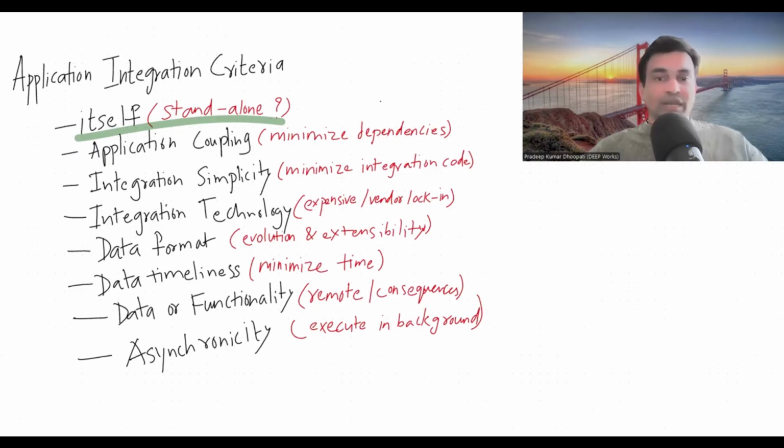And what are the other main decision criteria for application integration? The second criterion is application coupling. Even integrated applications should minimize dependencies on other applications, which allows the other applications to evolve without causing any issues to the other applications in the integrated solution.